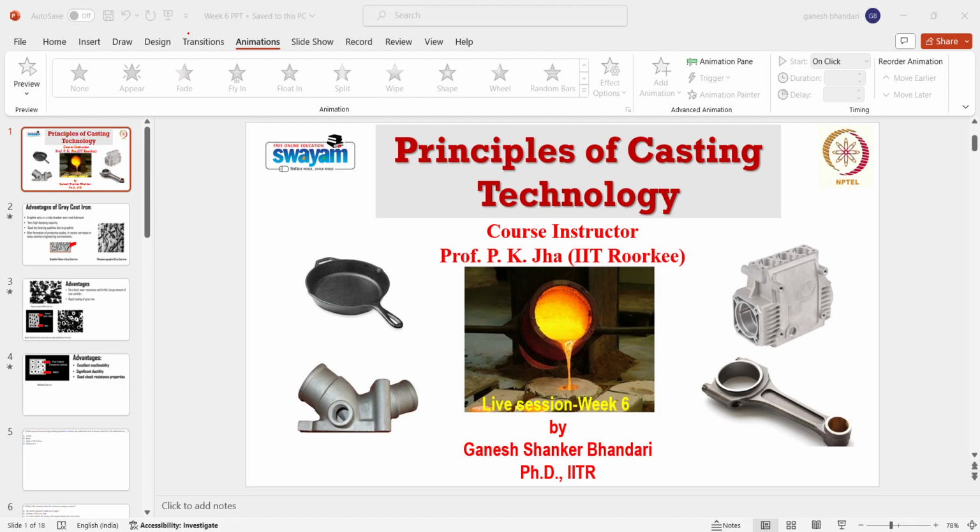Okay, coming to next one, which of the following statements is/are correct? High refractoriness value of molding sand is used in steel casting due to its high pouring temperature. Then second one is no carbonaceous material washes can be used on the mold faces in case of steel casting, as it tends to dissolve in the molten metal.